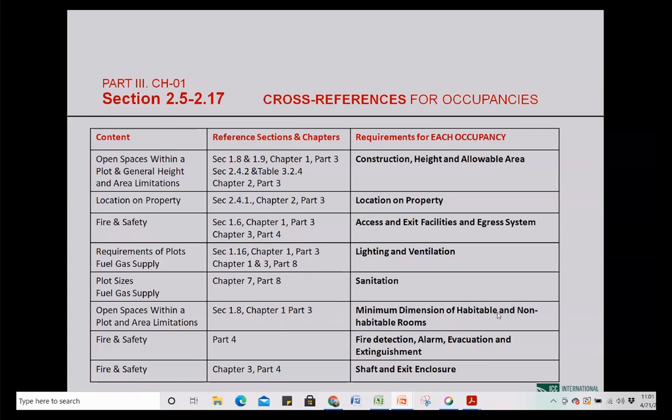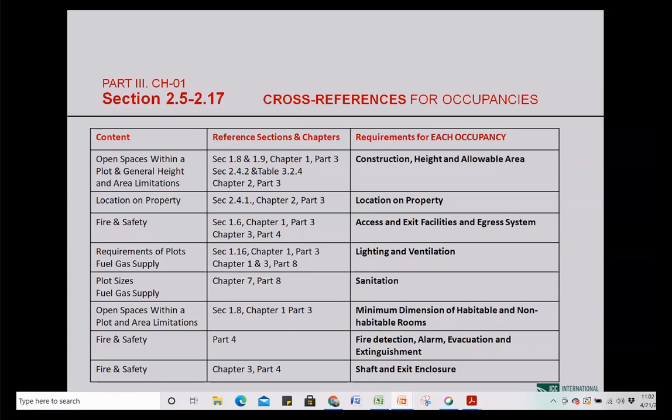Minimum dimension of habitable and non-habitable rooms is again referred to part 3, chapter 1, and anything related to fire is referred to part 4, and shaft and exit enclosures is also referred to part 4, especially chapter 3. So this is the general referencing system of all occupancies, detailed specification.